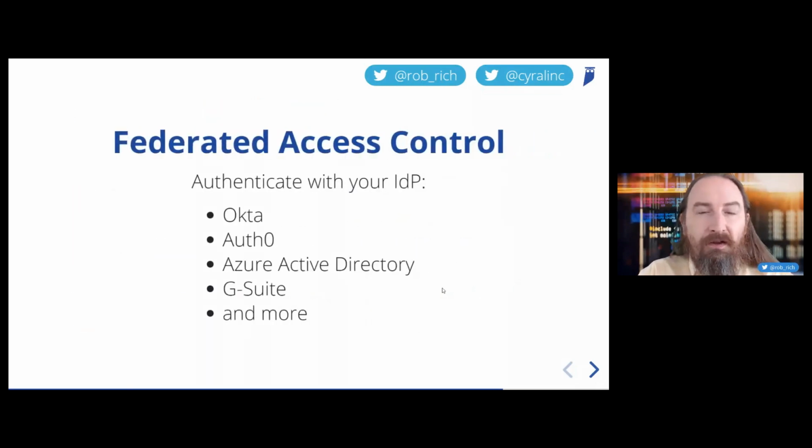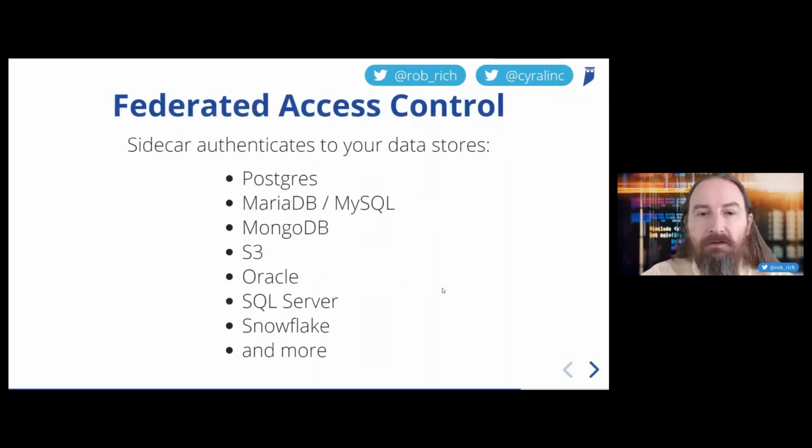With Cyral, we can use various federated access controls, Okta, Azure Active Directory, G Suite, and more. We can connect to various data stores. Today, we're using Postgres, but we could also use MariaDB, Mongo, SQL Server, and others. We can talk about consolidated policies.